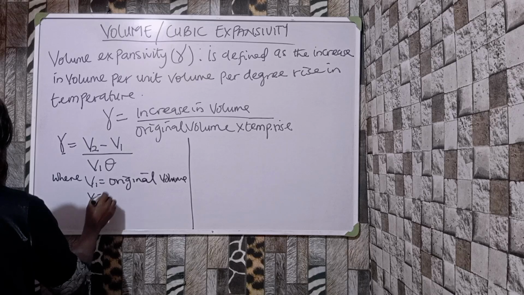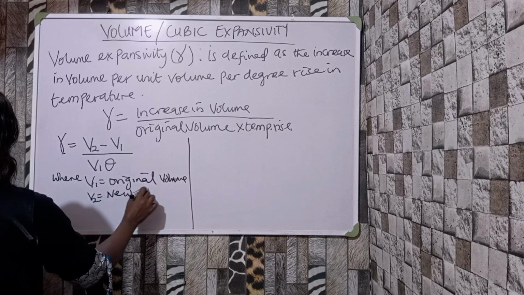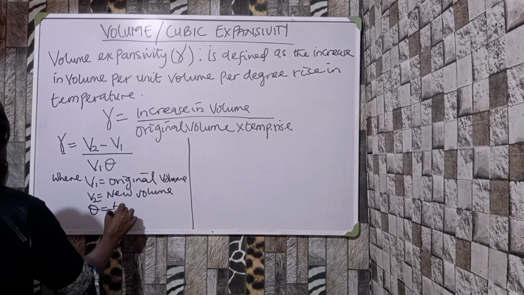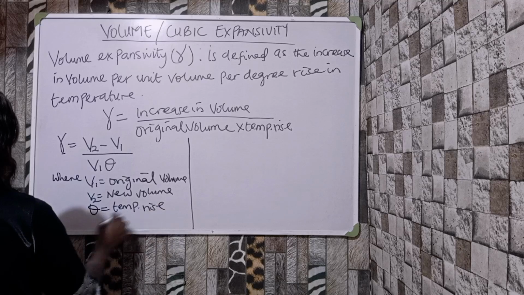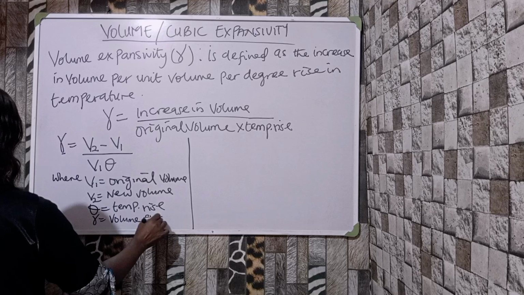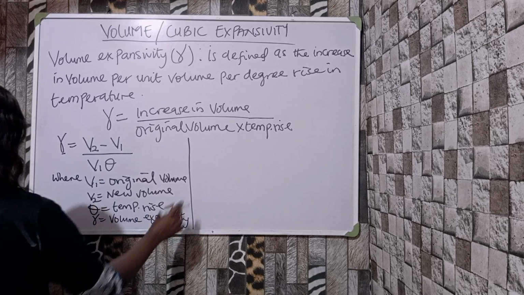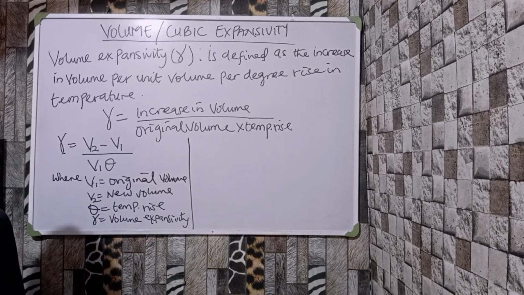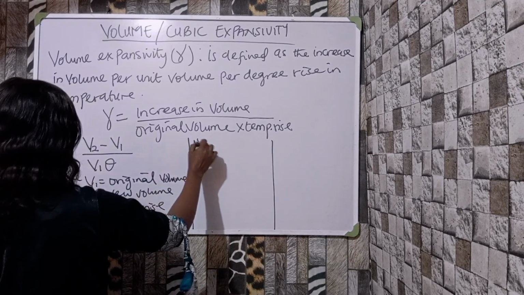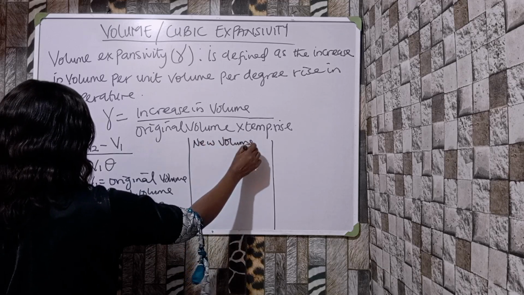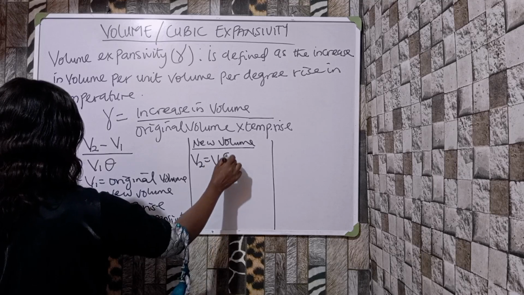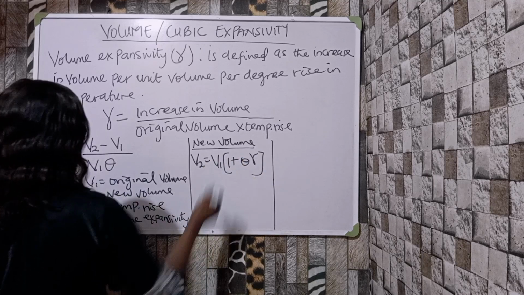V2 is the new volume, theta is the temperature rise, and gamma is the volume expansivity. Okay, then if we are asked to find the new volume, which is V2, you're just going to say V2 is equal to V1 bracket 1 plus theta gamma.